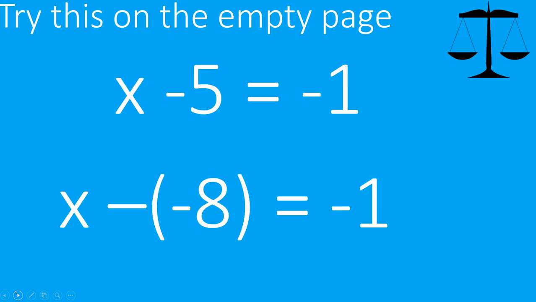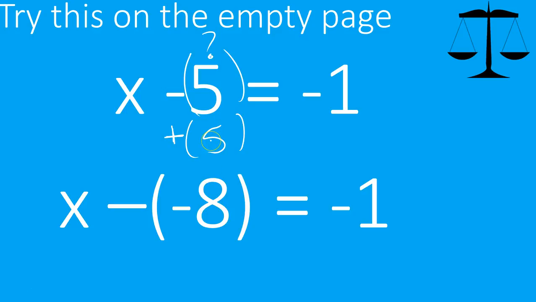Okay, now still, again, this is not in your notes. This is on the blank page. I want you to do this one. This one looks a little tricky because you have a minus 8 there. Here's what I want you to focus on. When we did this top one, instead of subtracting 5, we added 5. So this top one is saying x minus some number, so the inverse would be plus some number.